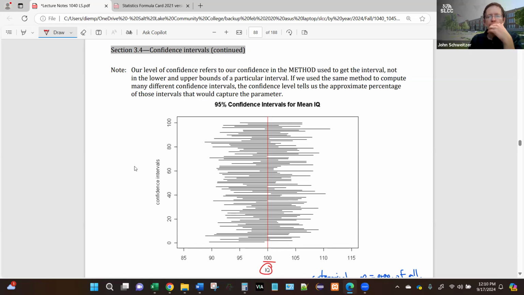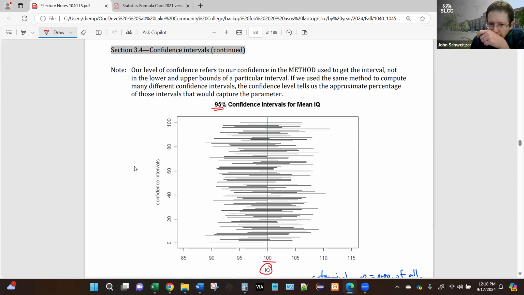If we're building 95% confidence intervals, what does that mean? Well, if we built lots and lots of the intervals, we would expect the intervals to capture the parameter about 95% of the time. So if it captures it 95% of the time, then it's going to miss sometimes, and we're okay with that. We don't want it to miss a lot, but every now and then it's reasonable because we're working with samples.